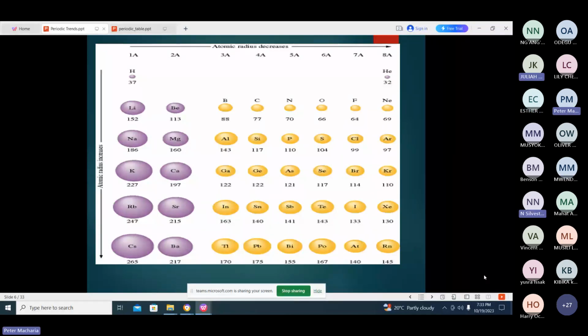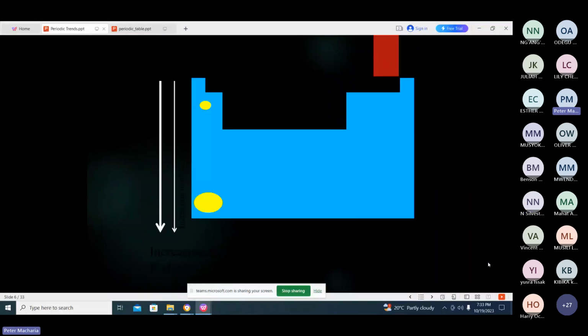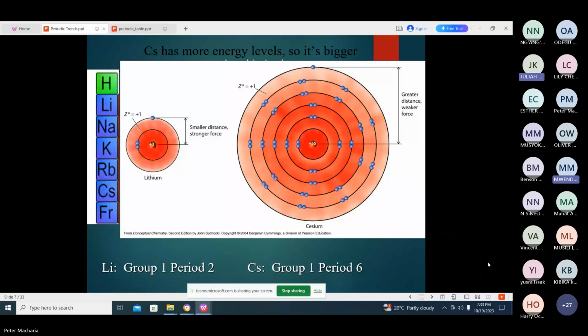Yes, we are there. So we wanted to explain why. This one explains the first part, which we have already understood very easily, about increasing.